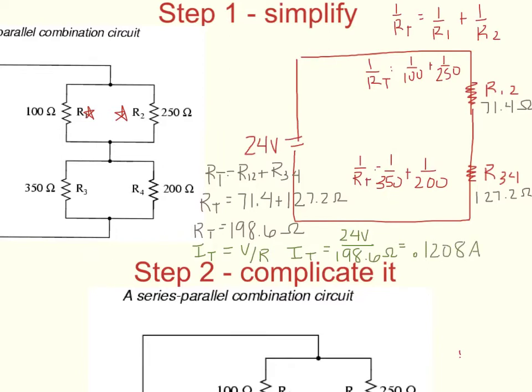Like I said, that tells us that the current at R12 is going to be 0.1208 amps, and the current at resistor 3, 4 is going to be 0.1208 amps.